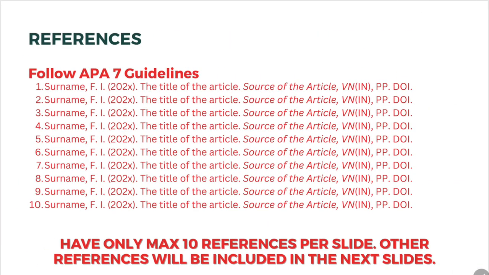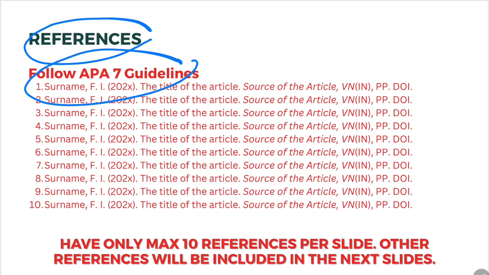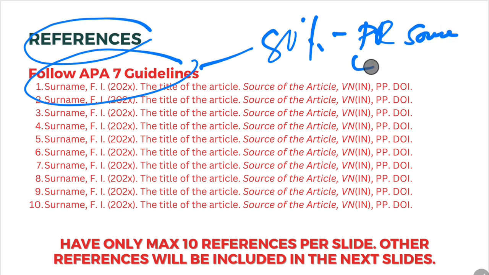Now, down to the last few slides, we write the references here. Advisedly, only list here the references that you have included in this particular presentation. Make sure to follow APA 7 guidelines, and observe 80% peer-reviewed sources, specifically journal articles. You may also have conference proceedings.